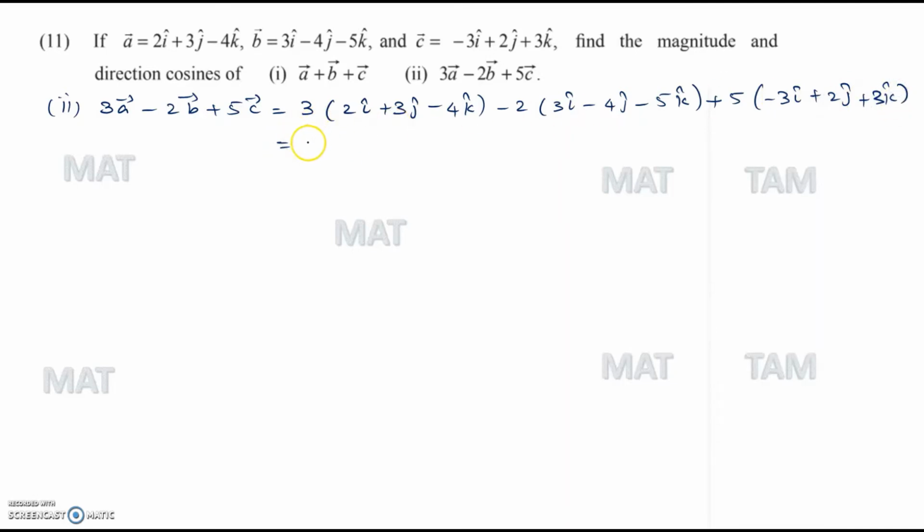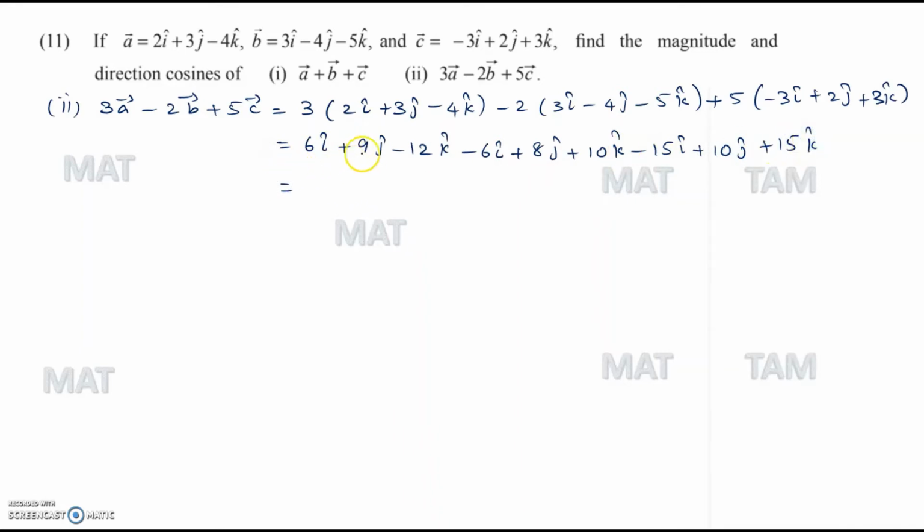Further simplifying this, 6i cap plus 9j cap minus 12k cap minus 6i cap plus 8j cap plus 10k cap minus 15i cap plus 10j cap plus 15k cap.